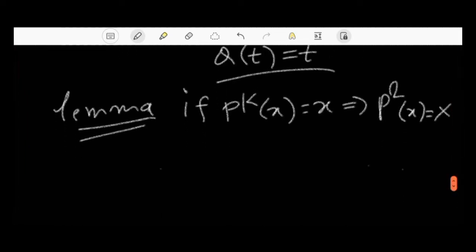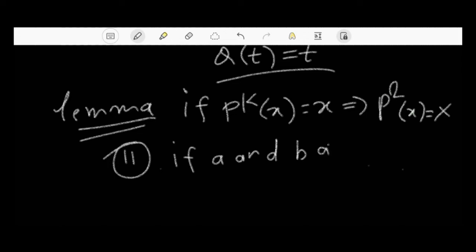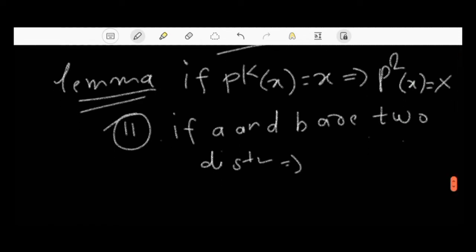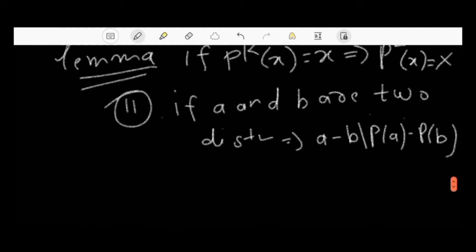And another lemma is that if a and b are two distinct integers, then it simply implies that a minus b divides P(a) minus P(b), where P is an integer polynomial.